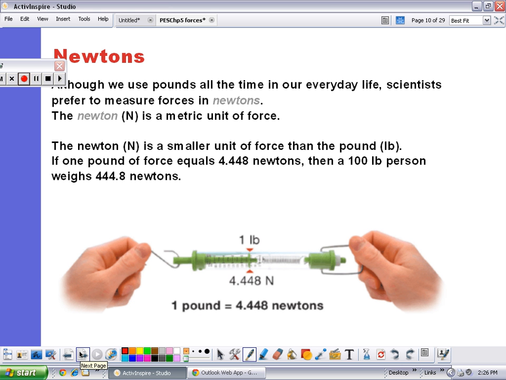Though we use pounds in our everyday life, scientists do stick with using newtons. A newton is a smaller unit of force than the pound. If 1 pound of force equals 4.448 newtons, then a 100-pound person weighs 444.8 newtons. So this is the scientific description of weight.